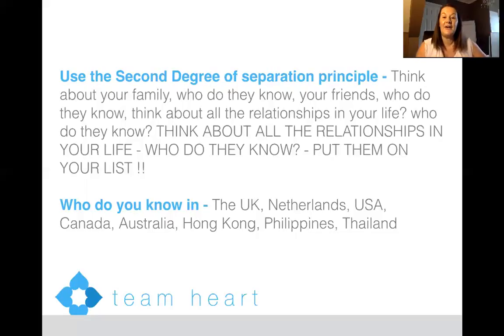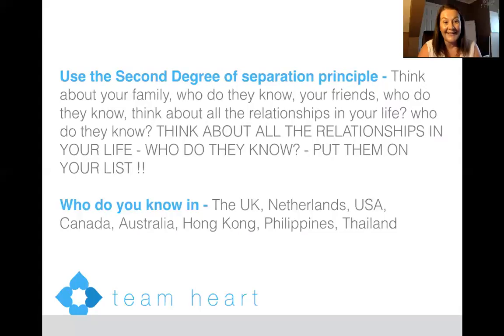So that is something you can use after you've done step 1. Do step 1 first, don't skip that part, it's really important. Later on, when you're expanding your list, you can use the second degree of separation. Also in your beginning list, you can think about the different countries. Those are some of the principles I would use to start building your list.